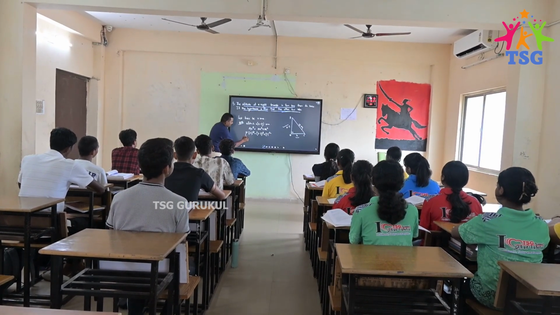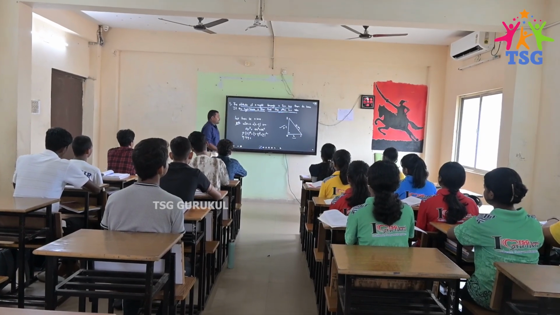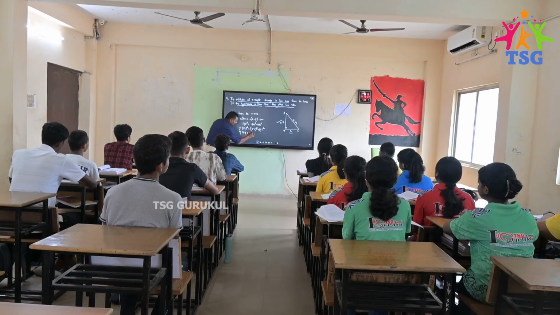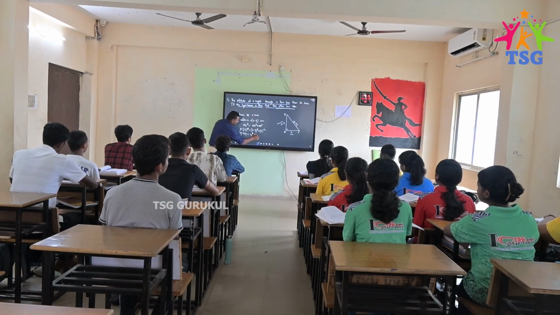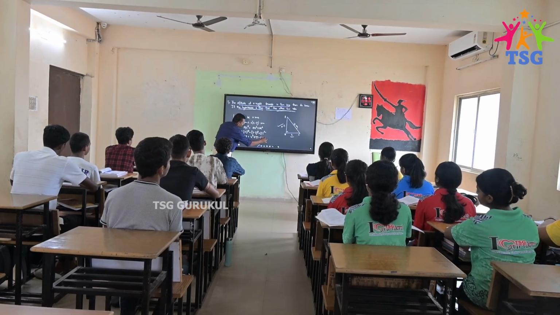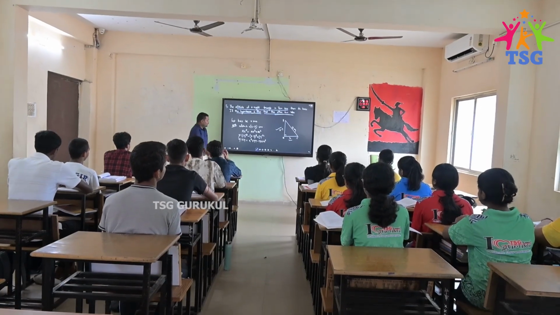Done. Now 13 square is 169, equal to (x minus 7) whole square, x square plus 49 minus 14x, plus x square. Is that clear?